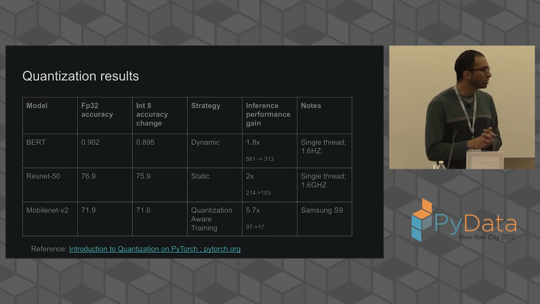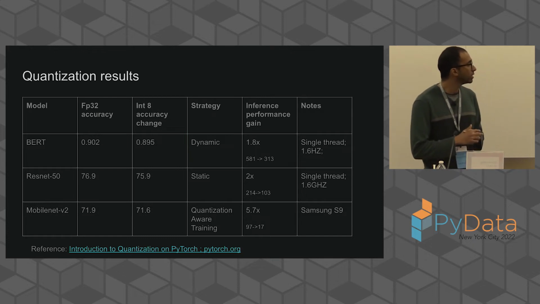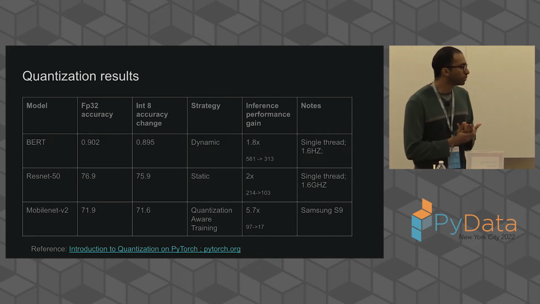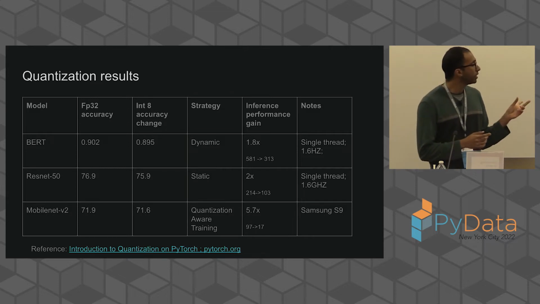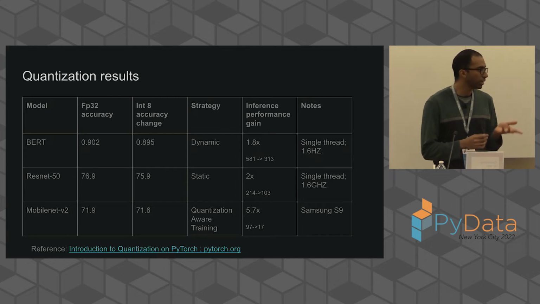With those techniques, you also get a 2x, and in the case of MobileNet, you're getting close to a 6x performance, going all the way from close to 100 milliseconds to 17 milliseconds. The MobileNet numbers are numbers on a phone. So on more edge devices, you might see the benefit of quantization more.